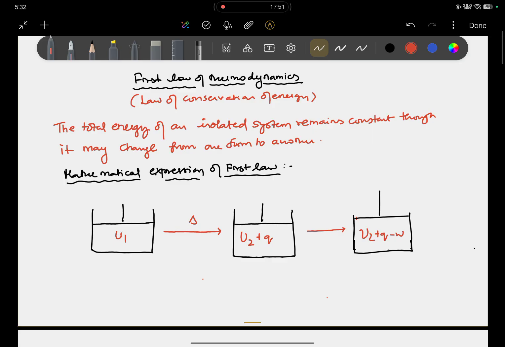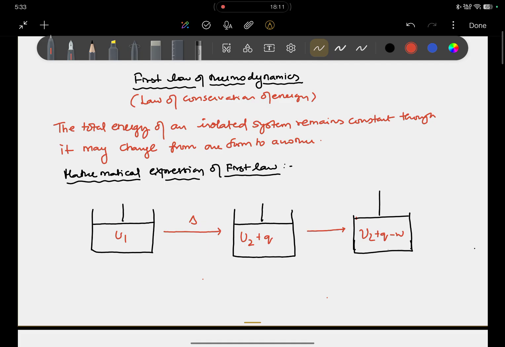Now, what is the major idea? What do you understand from this? We all know that when the temperature is more, work is happening. But I want the temperature to come back to normal. So what should I do? I have to compress it back.